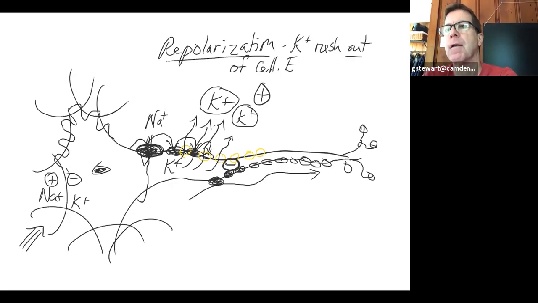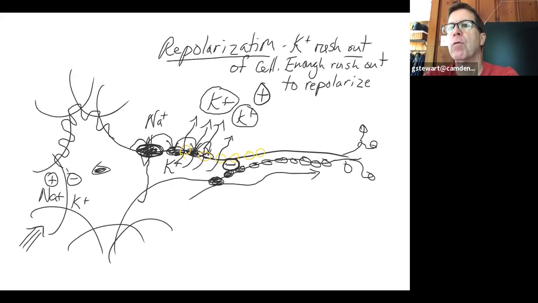So I'm just going to say enough rush out to, that's why we call it repolarization, to repolarize the membrane. That means establish positive out and negative in.